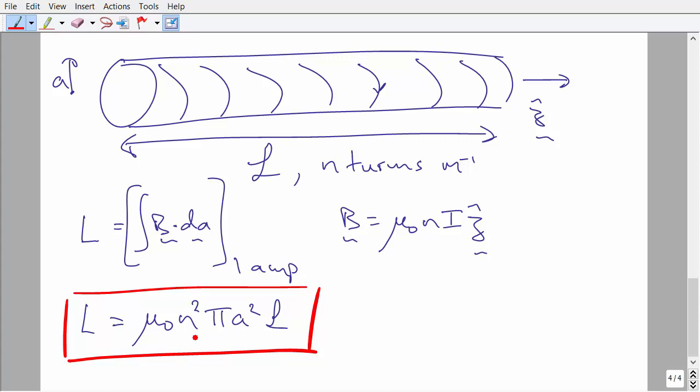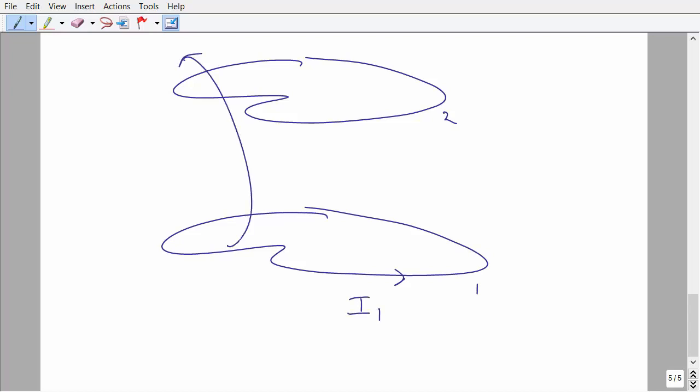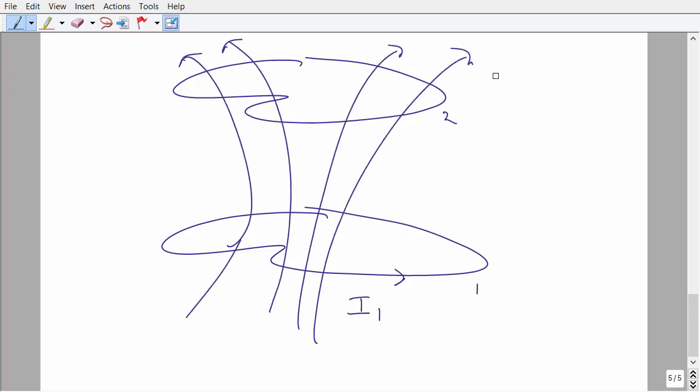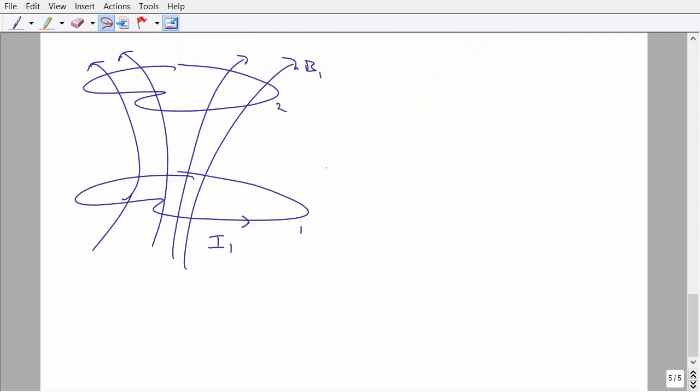So far what we've considered is self-inductance, but of course that's not the only configuration we could consider. Let's consider the following configuration. What we have now is a loop of wire 1, carrying current I1, and the magnetic field from this loop, which I've labeled B1, threads another loop of wire.